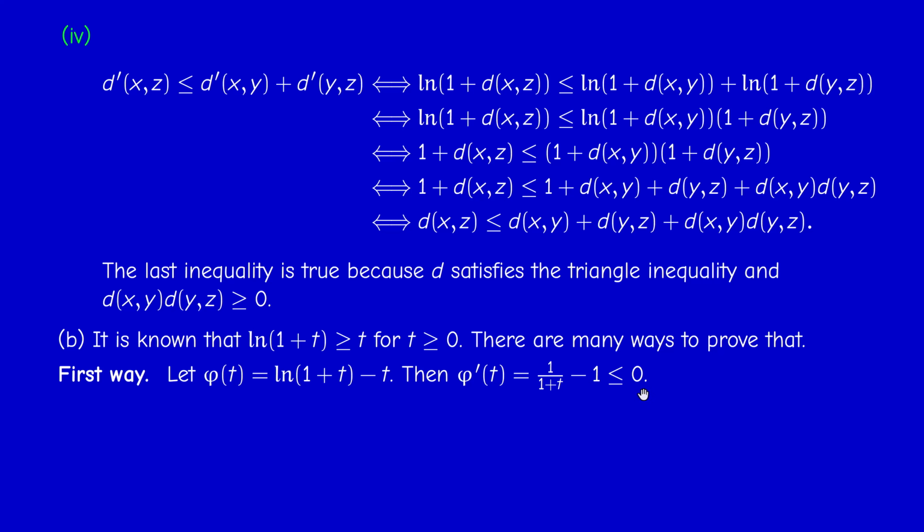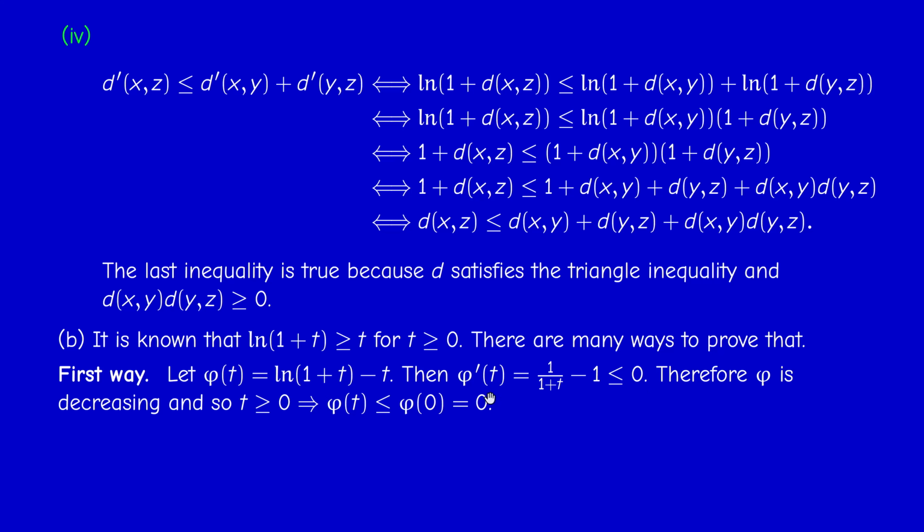So phi is decreasing, or non-increasing, if you like. So if t is greater or equal than 0, then phi(t) is less or equal than phi(0). But phi(0) is just ln(1) minus 0, so it's 0. And we get ln(1 + t) is less or equal than t. So this is a quick proof.